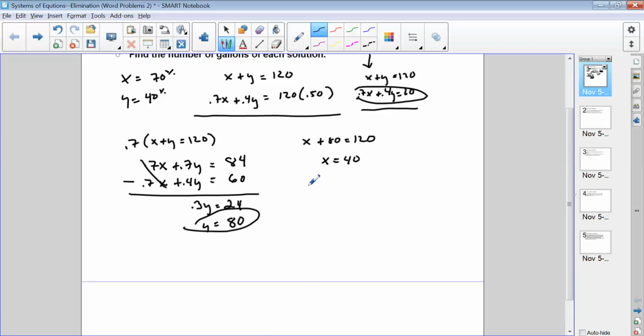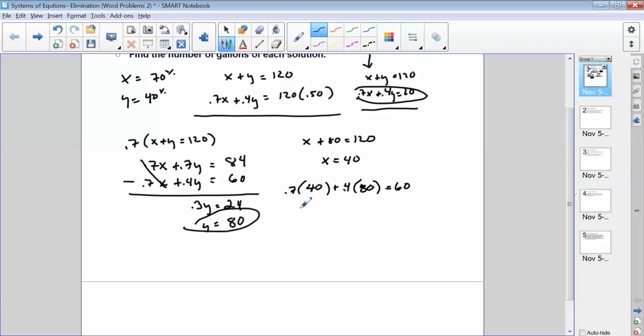So what I have is 40 gallons at 70% plus 80 gallons at 40%, and that should equal 50% of 120. And 80 plus 40 gives me the 120.